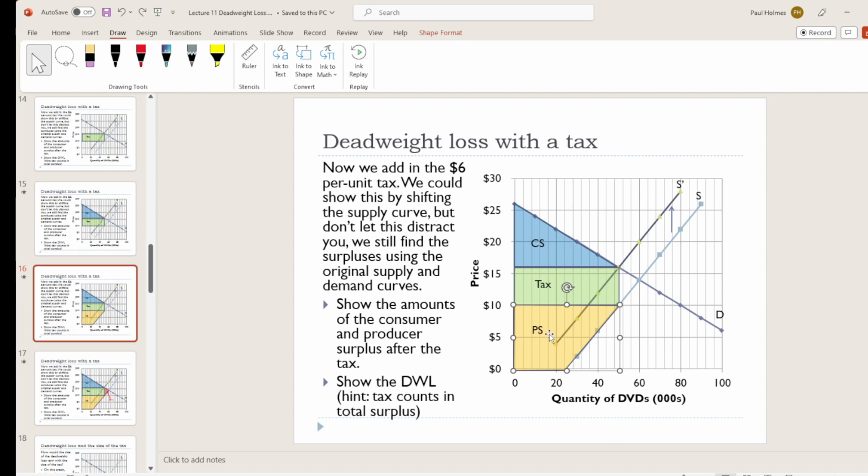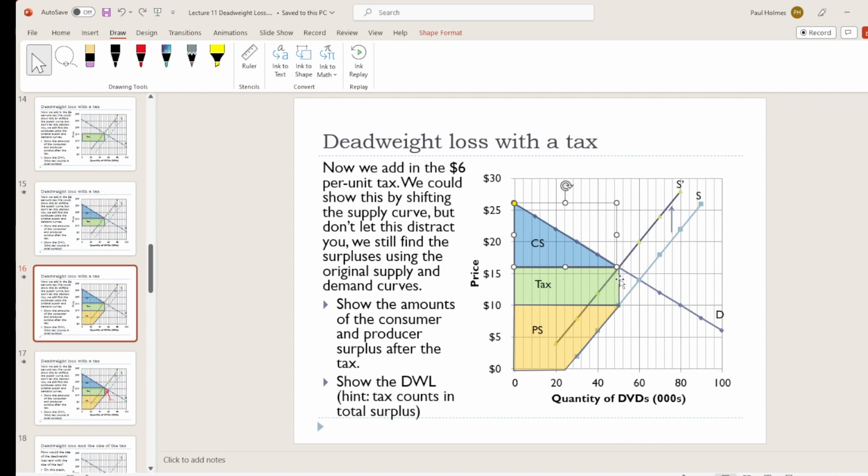Producer surplus is essentially profit for firms. It's where they get to sell things for a higher price than it costs them to produce. Tax is also a benefit. It's a benefit to the government or whoever the government spends that money on. We had this further assumption that we were going to treat it as exactly as good as money in the hands of buyers and sellers, so then we will just count producer surplus plus tax plus consumer surplus as the economic surplus in this market.